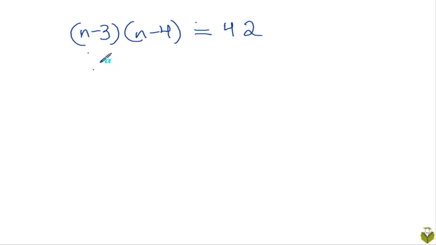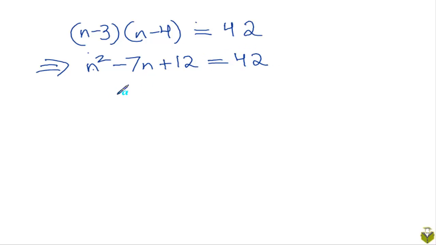So we just multiply this left hand side, so this implies that n square minus 7n plus 12 is equal to 42, and then we have n square minus 7n minus 30 is equal to 0, right?